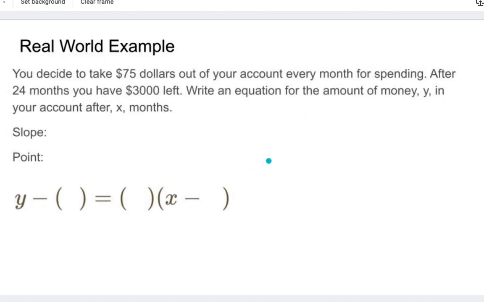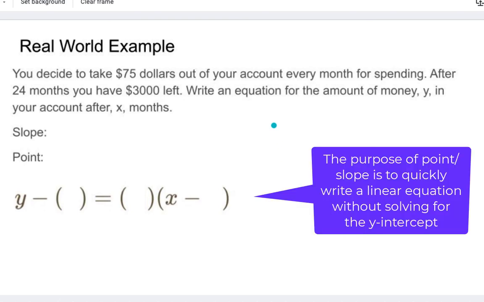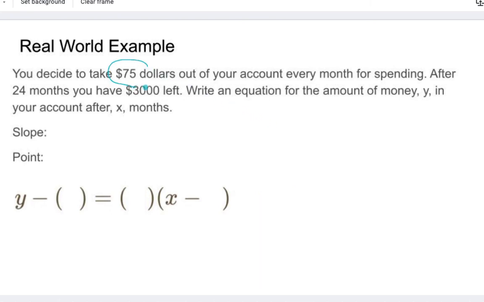I'm all done. So in the real world, we have a rate of change, and we don't always know what the y-intercept would be, what the starting value is. So if I'm taking $75 out of my account every month, so 75 is going to be my slope, it's going to be negative because I'm taking the money out.